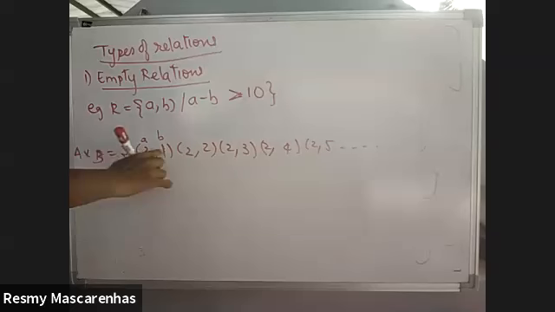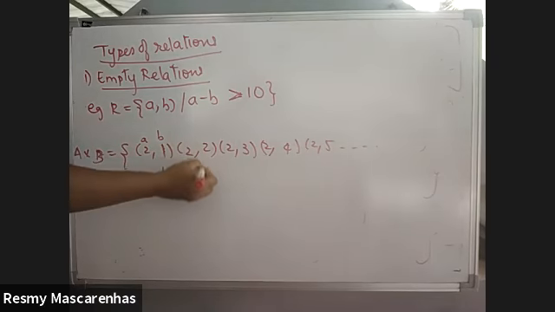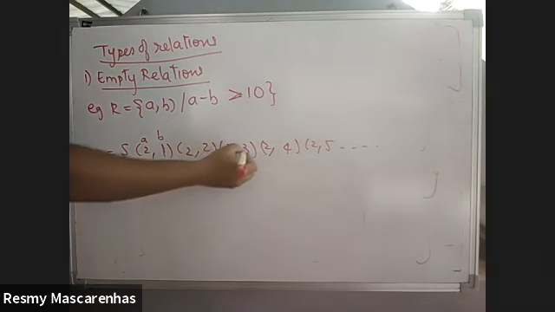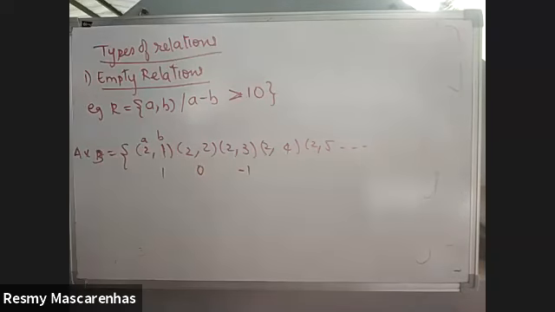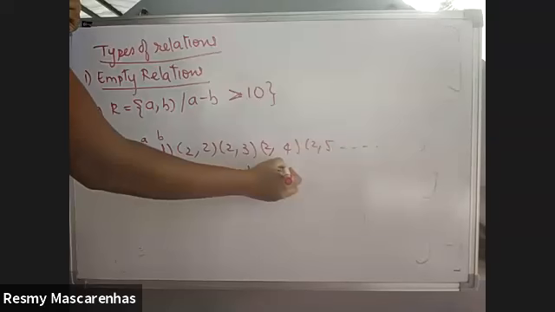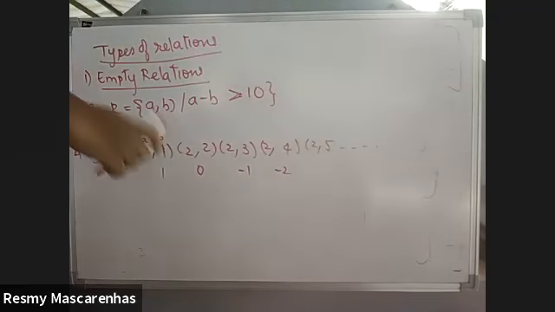So how much are you getting? A minus B, you will get 1. 2 minus 2 is 0. 2 minus 3 is minus 1. 2 minus 4 is minus 2, and so on. So you can try like this for all the pairs. And if you see, is there any pair which is giving you greater than 10?